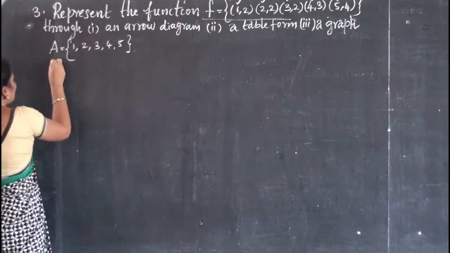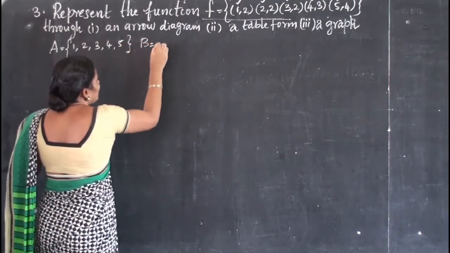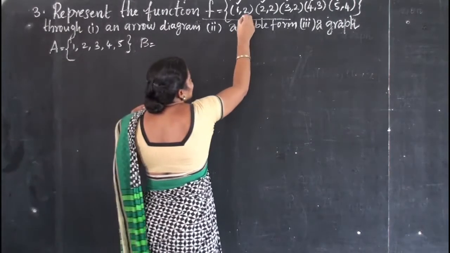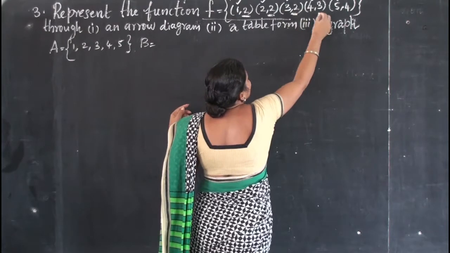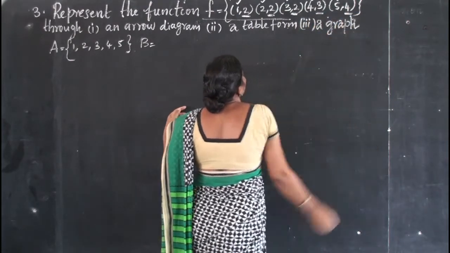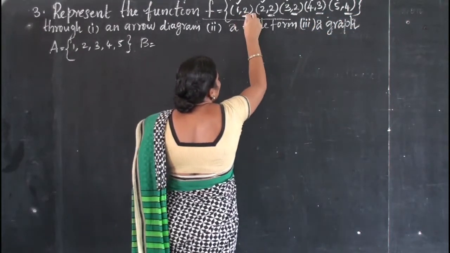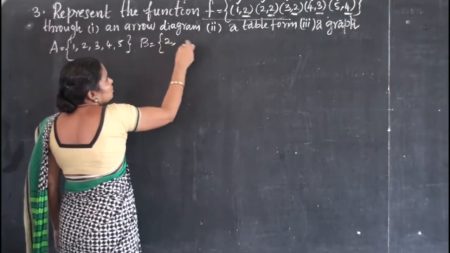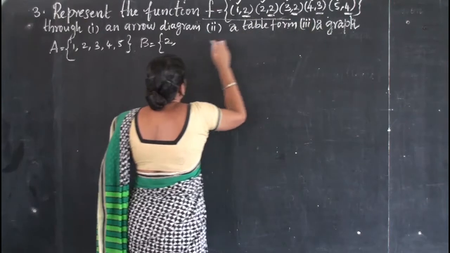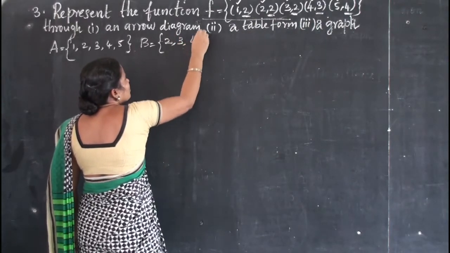And what will be B? B is equal to the second elements, that is 2, 2, 2, 3 and 4. If any element arises twice or thrice, write it only one time. So B is 2, 3 and 4.